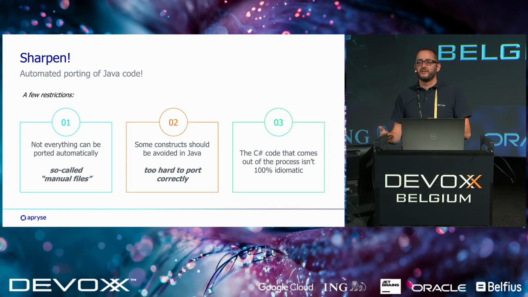I think we've been on Java 8 at least for a few years, and those are too hard for us to port correctly automatically. So we try to avoid these to be as fully auto-portable as possible. And then the third thing is not so much a restriction, but a thing to think about. The C# code that comes out of it isn't really fully C# code. It feels a bit like Java code in C#. Not as much as other solutions would do, but it's not really idiomatic, as you would call it.